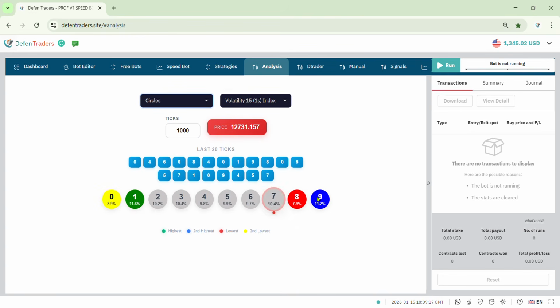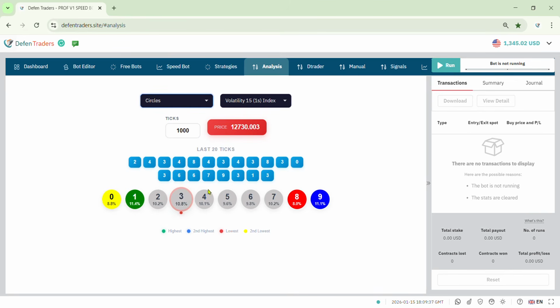Look where it is. So after the green and the blue bar, we have another digit, that is 10.4, 10.5. It's here. It's also below your prediction 5. So still the under 5 market is dominant.